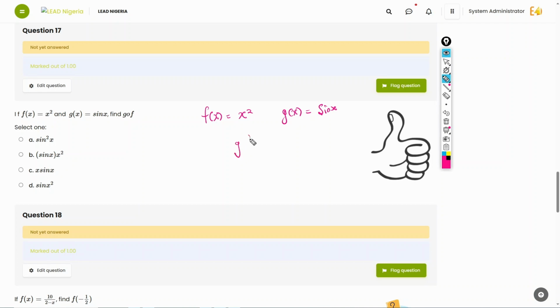So we just need to put f of x inside g of x, that's all. So this will be sine, and in place of x, we put f of x. So sine f of x, or better still, sine x squared, because f of x is x squared. So the correct option is D, sine of x squared.